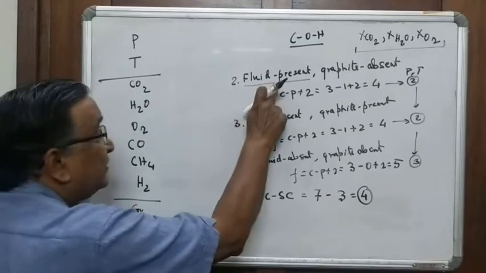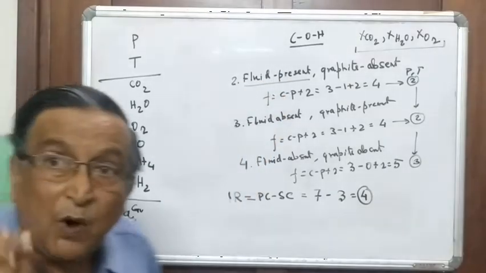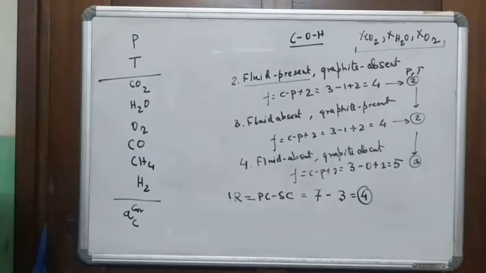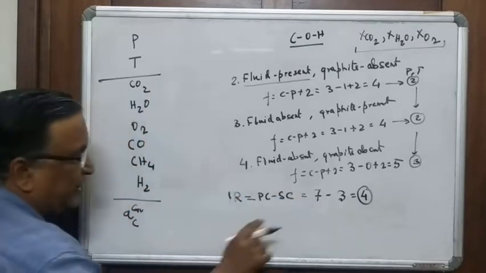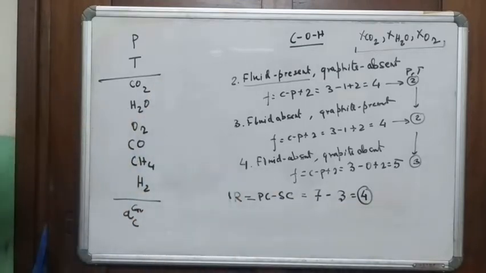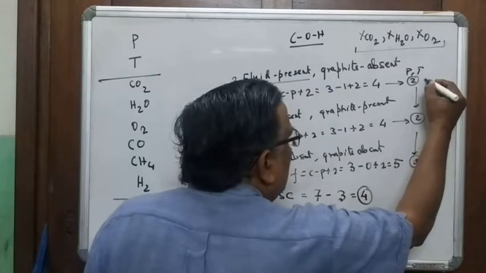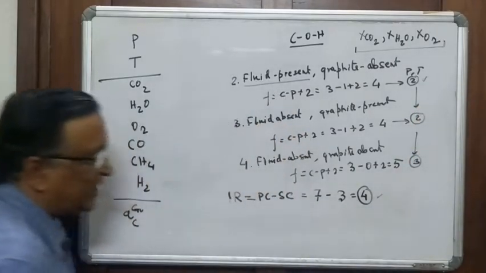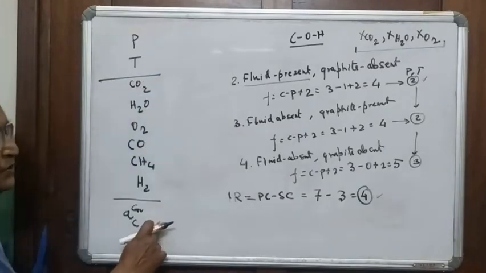Why is it that you have 2 plus 4, 6? Because here, you have sigma xi equal to 1, you get an equation. Do you understand? Sigma xi, so you get an additional equation other than 4. Have you understood? Other than 4. For this one, say for example, fluid present, you have two sets of input data, 4 independent reactions, so you can take into account 6, but you have 7 variables.